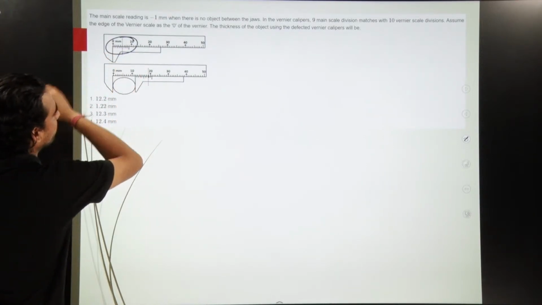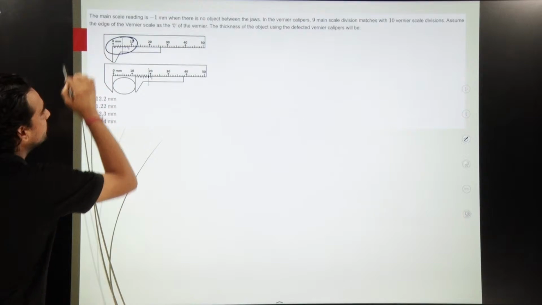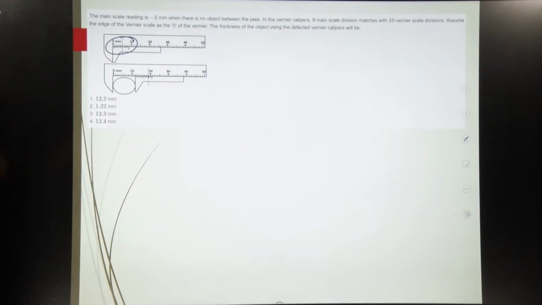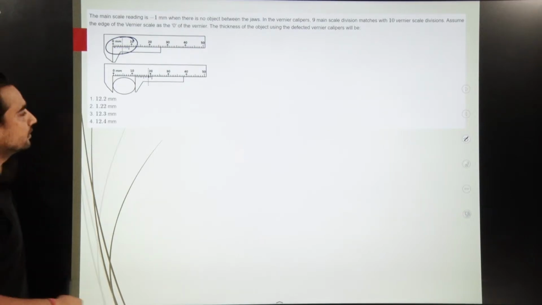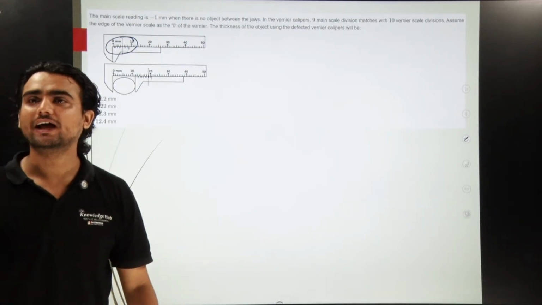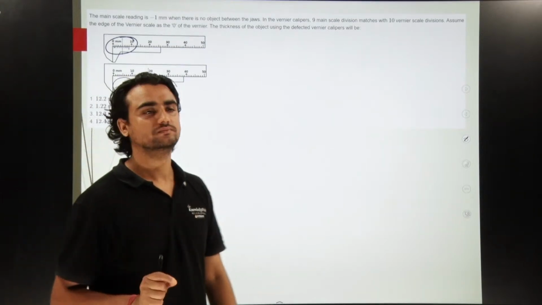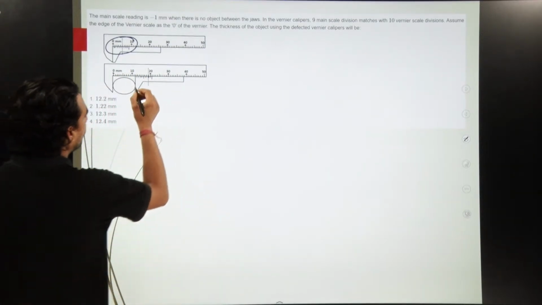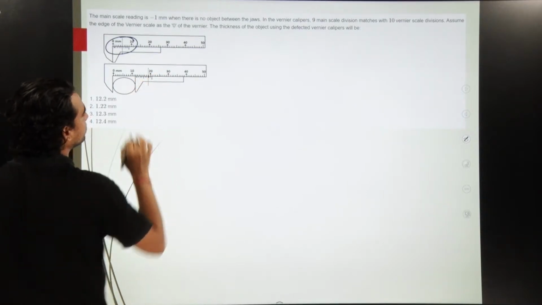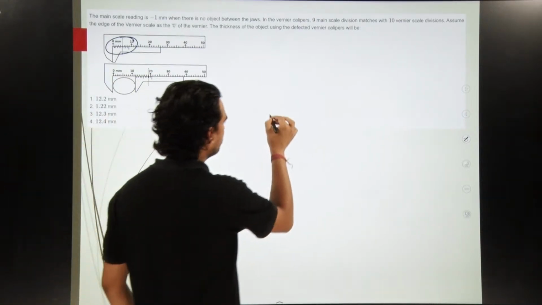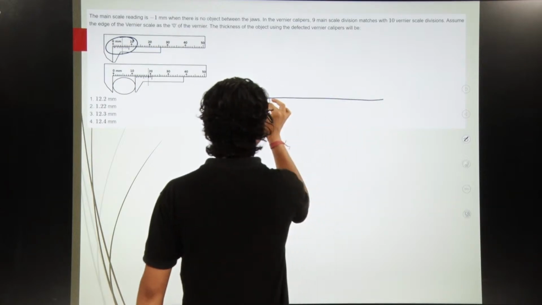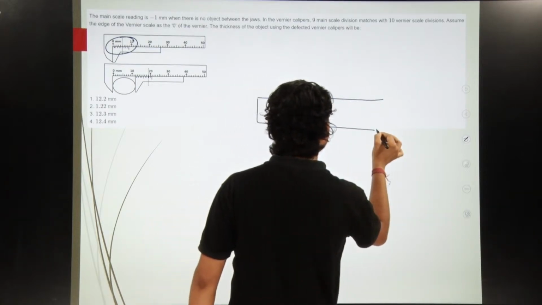There is some error here, because this 0 is not coinciding with the 0, but let's forget about that right now and see how to take the reading. First of all, I'll find where the 0 of the vernier caliper is. You see that the 0 of the vernier caliper is at this point. So let's make this diagram, that this is my main scale.